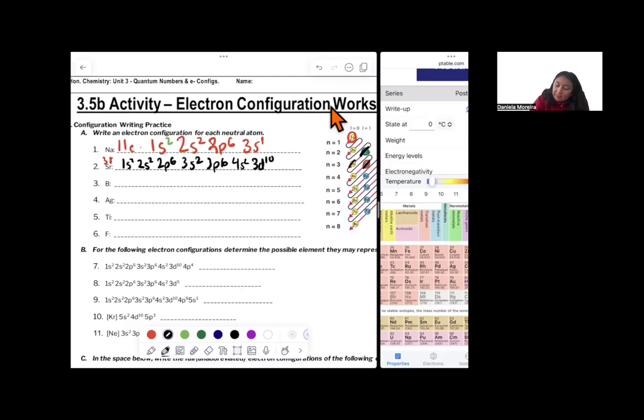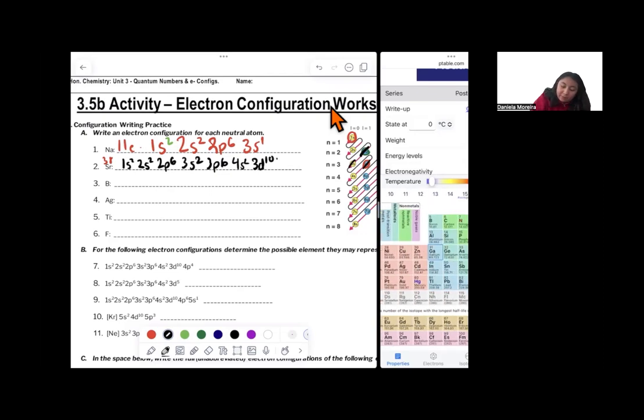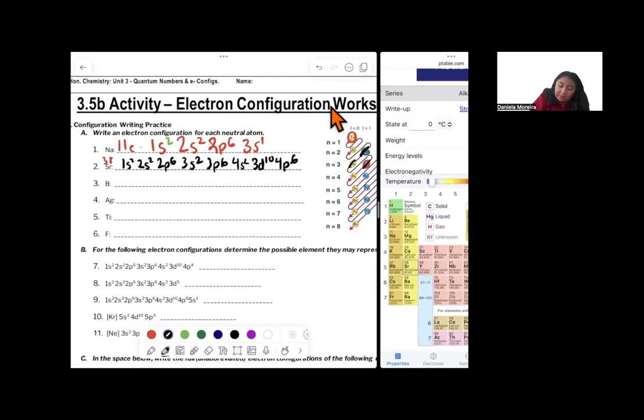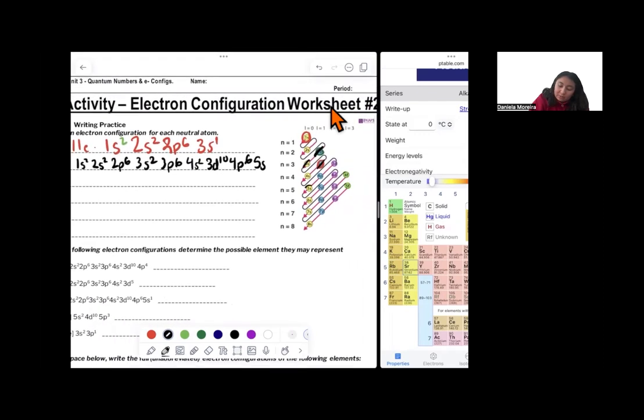Now we're up to gallium. 4p6, we finally made it to krypton. And then 5s2, that gives us strontium. So we filled in our electrons as we see them occupy in this image.